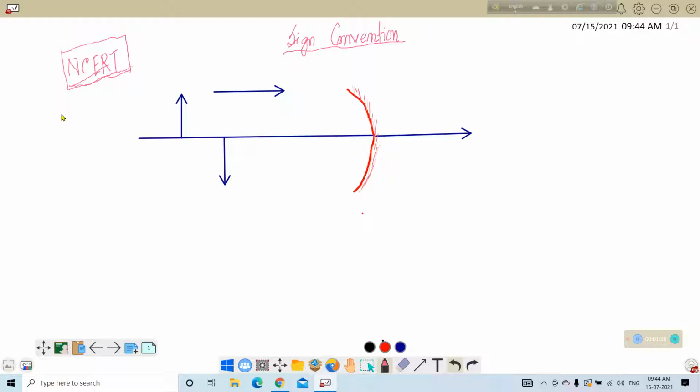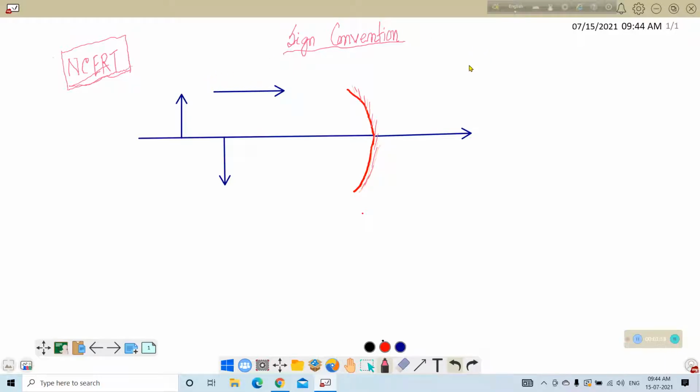So one uniformity must be maintained for the convenience of the students, and it will be most convenient if you follow the book published by NCERT. So this sign convention has been taken from the NCERT book, Geometric Optics.